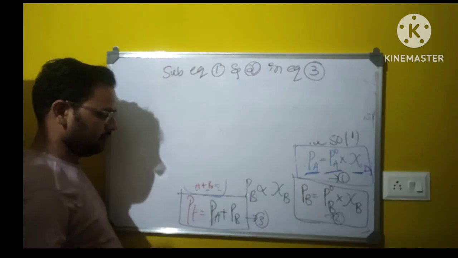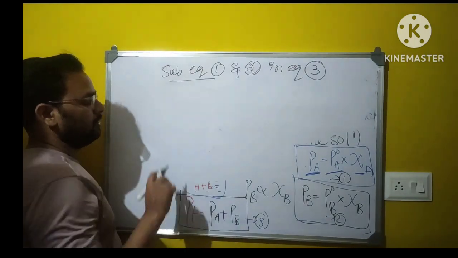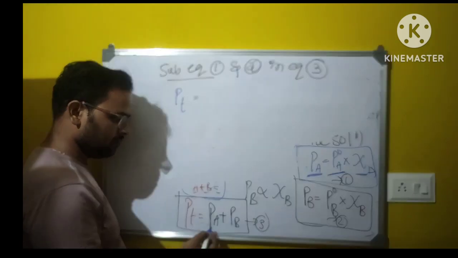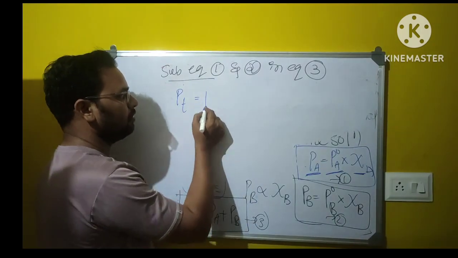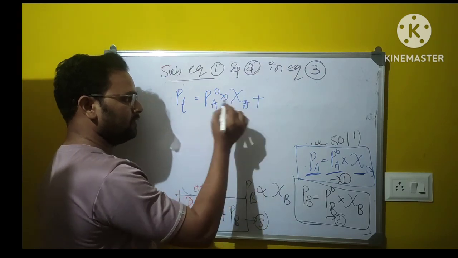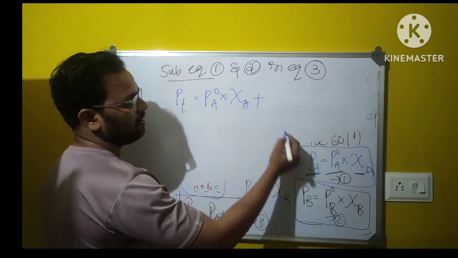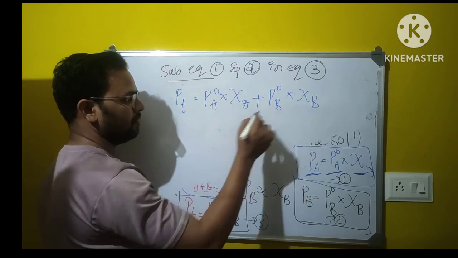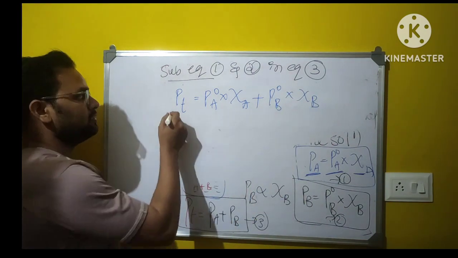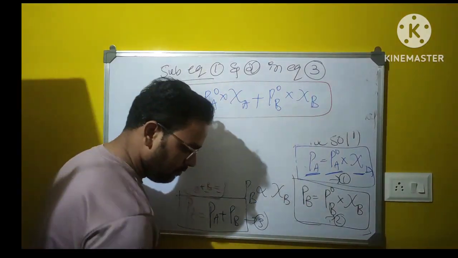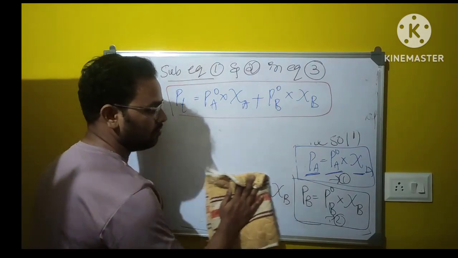Equation 3 is the total pressure, that is, the total pressure of a solution is equal to Pa plus Pb. Pa means Pa naught into Xa, plus Pb, which means Pb naught into Xb. So this is the final mathematical expression of Raoult's law.